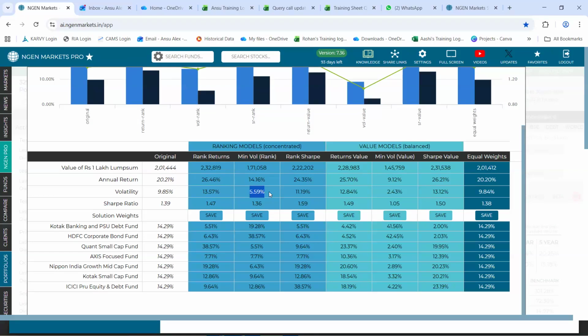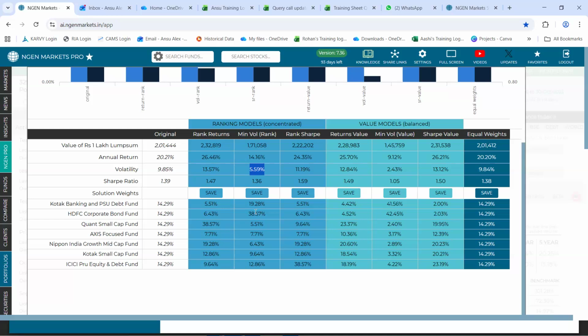Now this was achieved wherein maximum allocations were given specifically to these debt funds since I had them in my portfolio. So you see 38% went to HDFC corporate bond and 19% went to Kotak banking and PSU debt fund. Specifically because these being debt funds, they would be having lower volatility and hence maximum allocation was allocated to these two funds basis the objective of our portfolio.